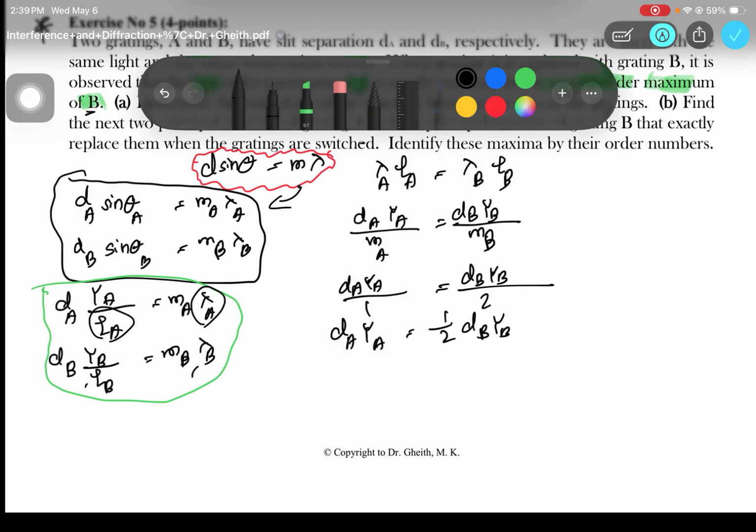So we can write d_B over d_A is equal to 2, and y_A is equal to y_B, which is the same. So this is the answer.